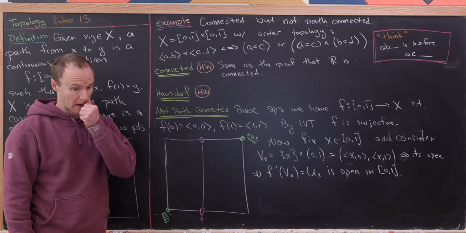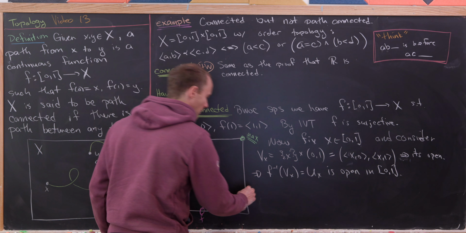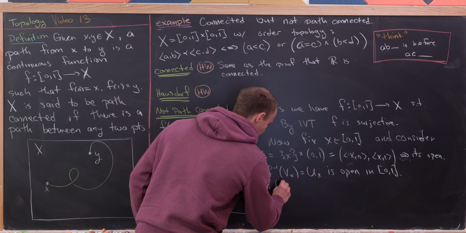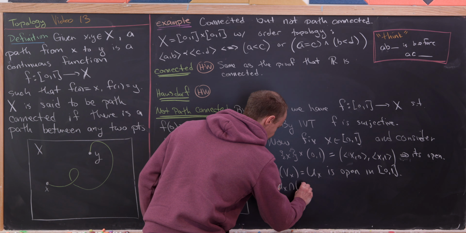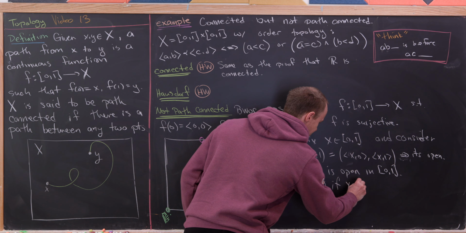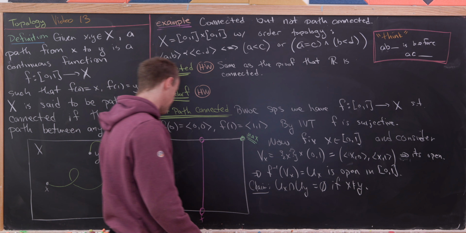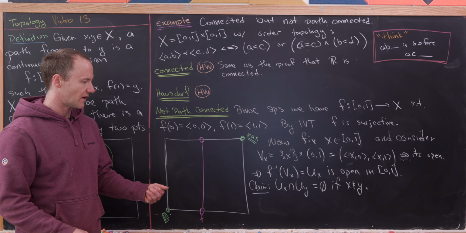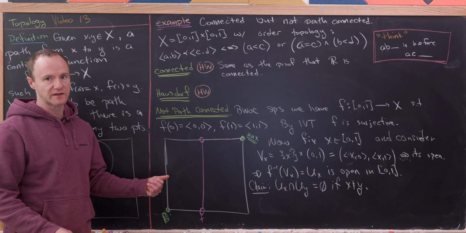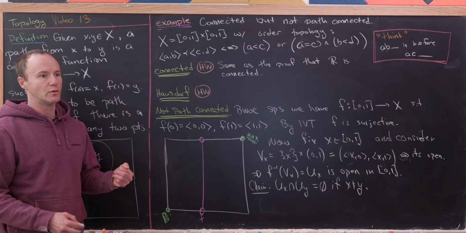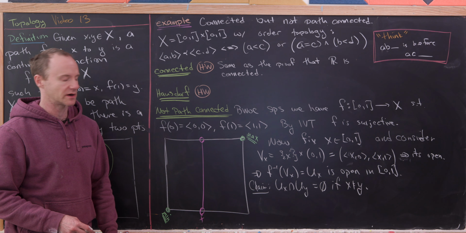Okay, nice. But now I want to make the following claim, and that is that we know that U sub x intersect U sub y is the empty set if x is not equal to y. So if we take some other point here and construct the V sub y and then pull that back to the U sub y, we get a totally different set than what we started with.